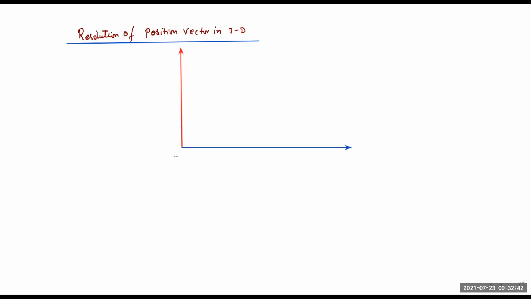Now the z-axis I cannot draw because it is perpendicular to my whiteboard and towards me. So to draw it, I will draw a tilted line, something like this. And you have to believe that the green line is pointed towards you, because I have no choice.